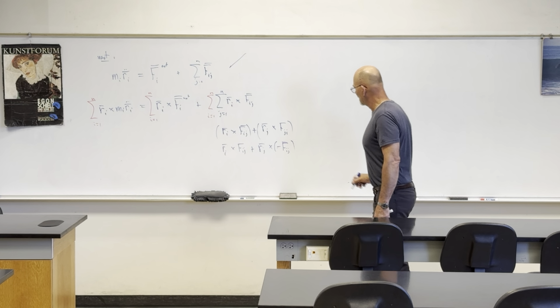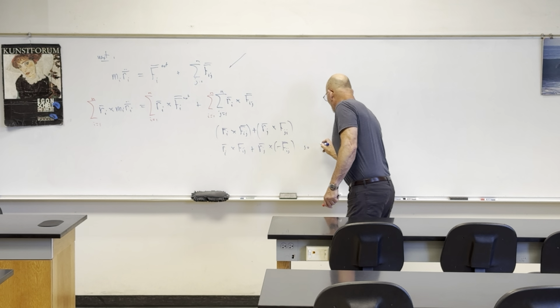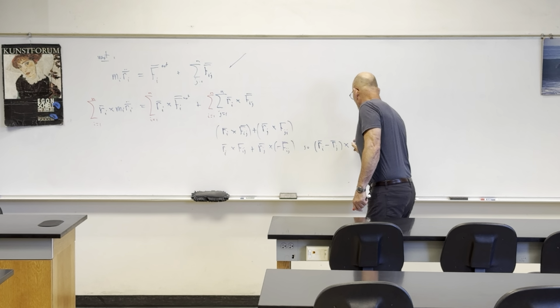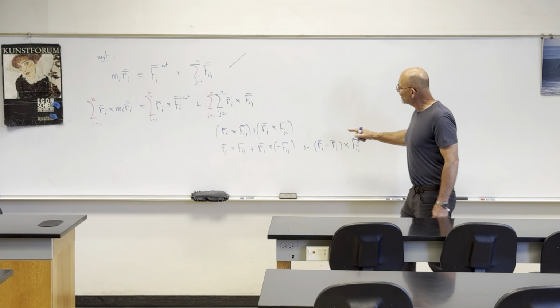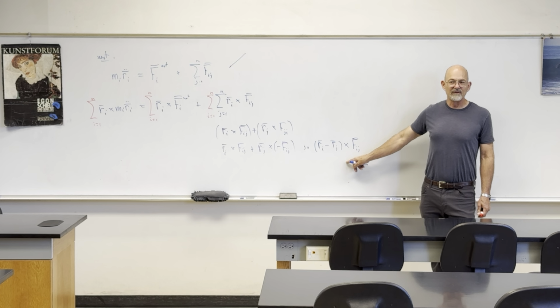And what we then can write is r_i minus r_j cross F_ij. So this double sum turns into a whole collection of these.